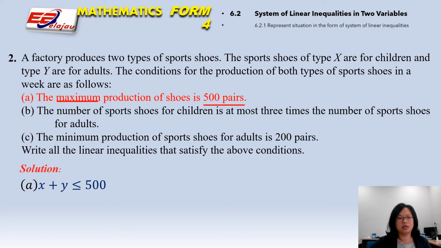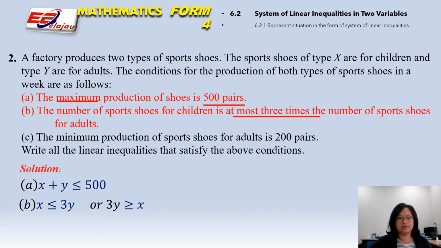Condition B. The number of sports shoes for children is at most 3 times the number of sports shoes for adults. We can write as x is less than or equal to 3y, or vice versa, that is 3y is greater than or equal to x.